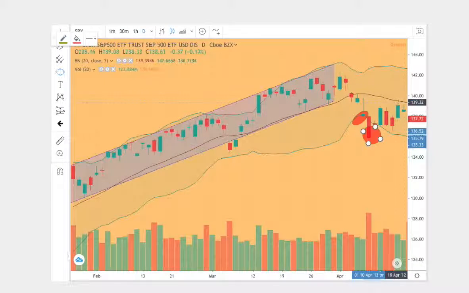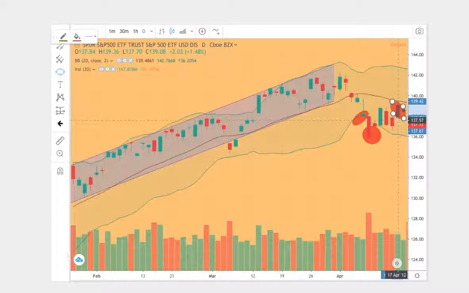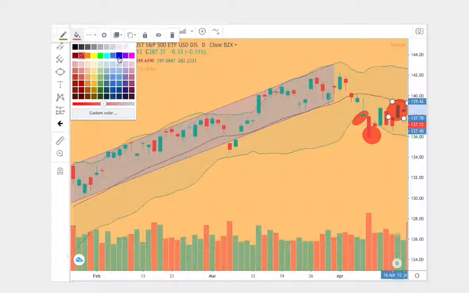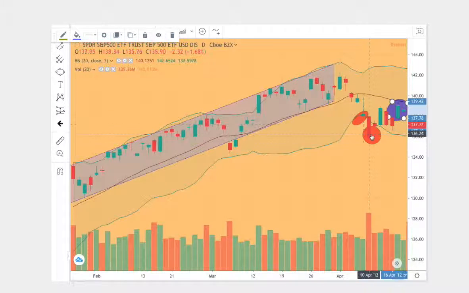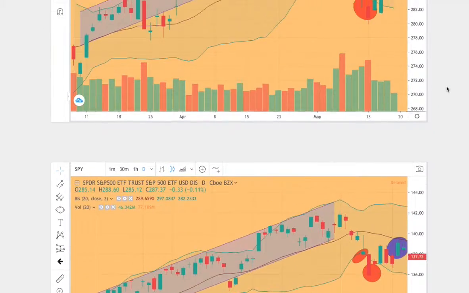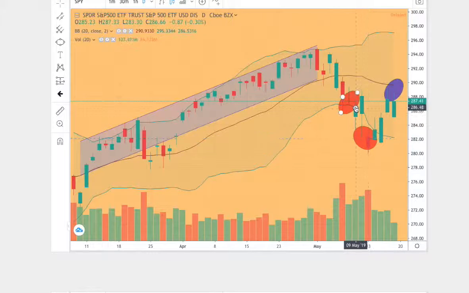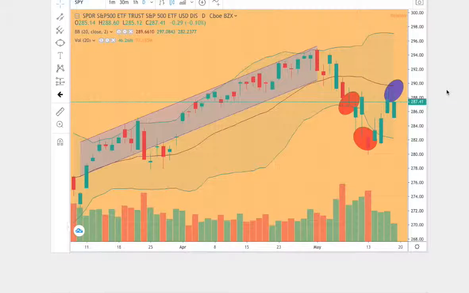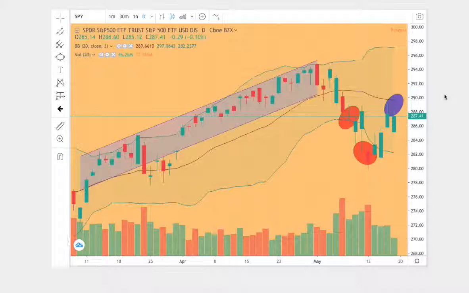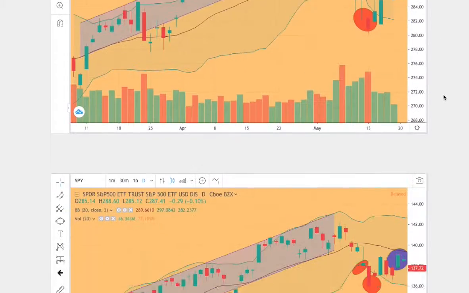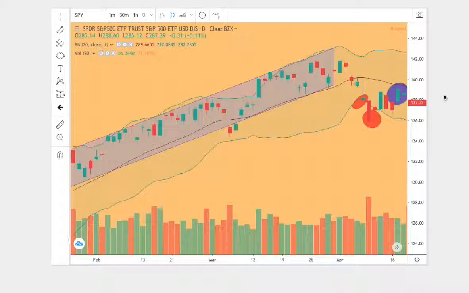And we do see an attempt to touch the middle Bollinger Band right here. So what we have here is 1, 2, 3, 4 points, and 1, 2, 3, 4 points that are similar. There's reason to believe that the trend or patterns are similar. The outcome or forecast would also be similar.